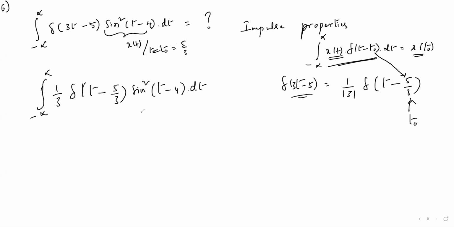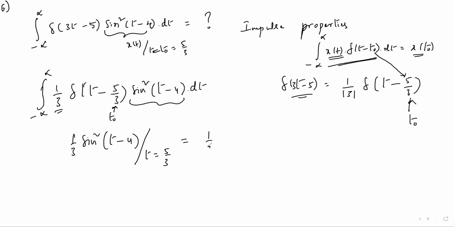Comparing with the shifting property standard form, we get 1 by 3 sine square t minus 4 with t replaced by 5 by 3, so it is 1 by 3 sine square 5 by 3 minus 4.